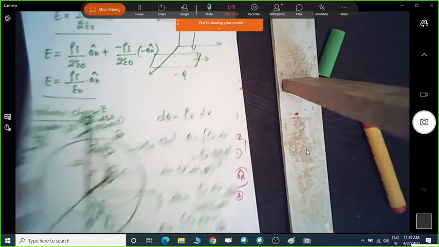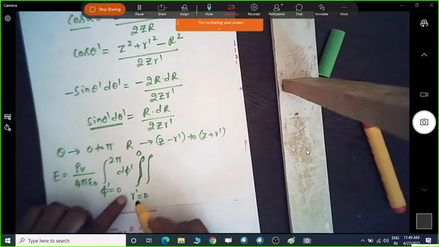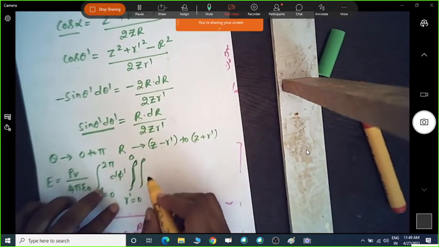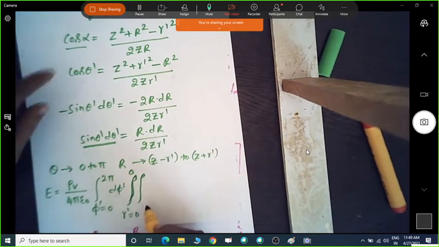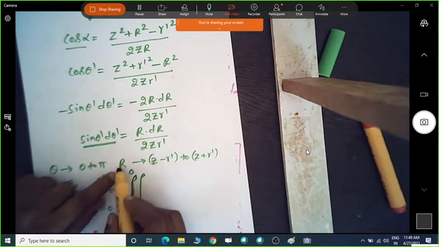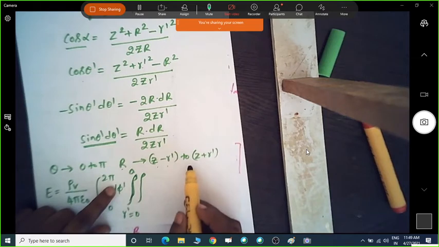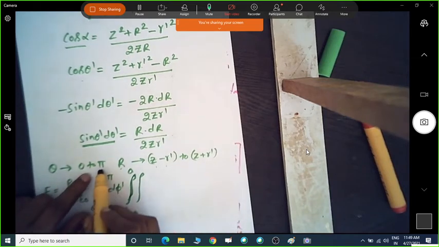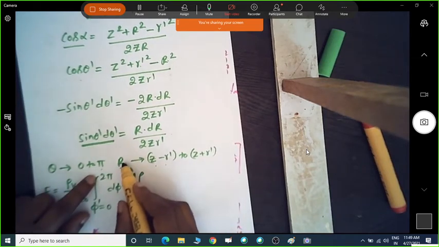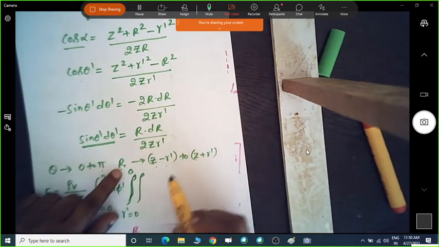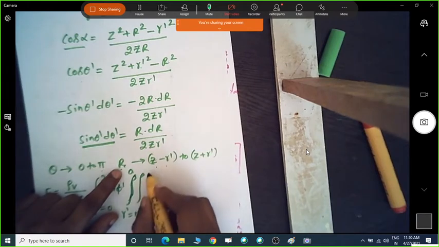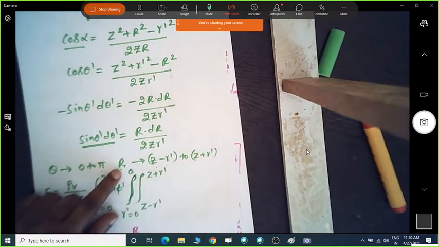So r dash varies from 0 to a, and theta dash varies, now in terms of theta we have expressed it in terms of z and r, as theta varies from 0 to pi. Whenever theta varies, r varies, so r varies from z minus r dash to z plus r dash.